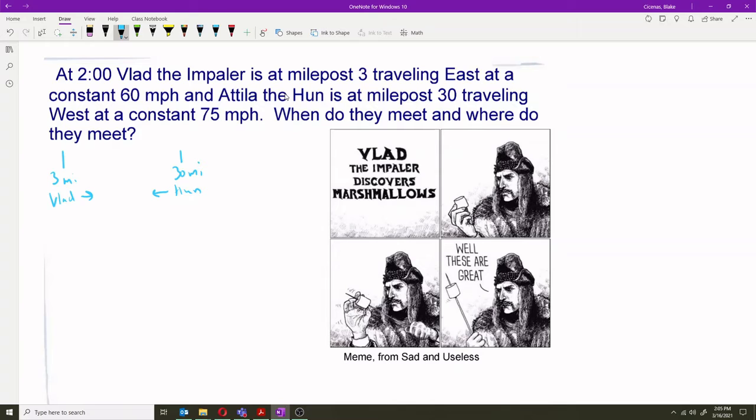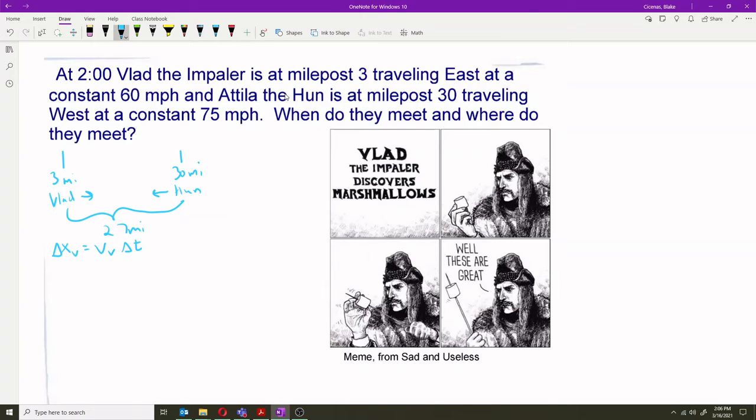Okay, so we know that these two distances are 27 miles apart, right? All right, let's just start with Vlad. If I say delta x for Vlad, which I'll put a v there for, would be equal to the velocity of Vlad times the change in time.